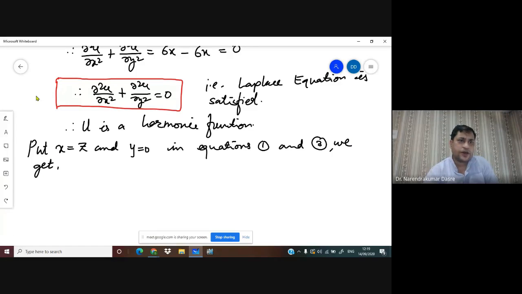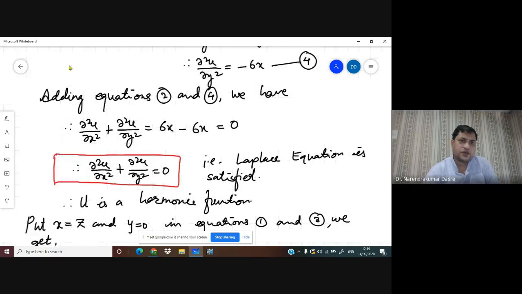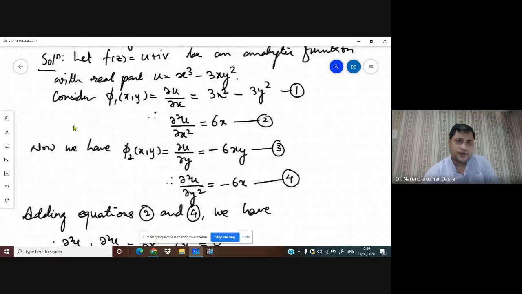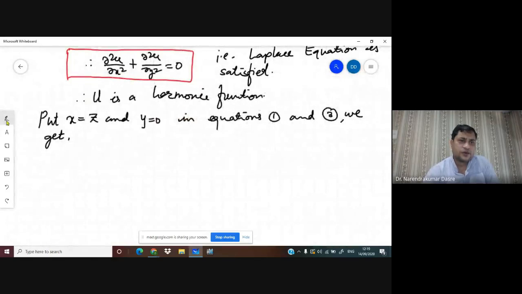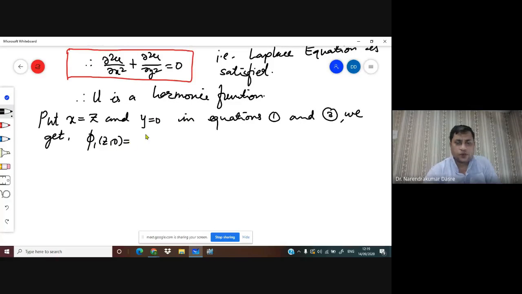In equation 1 we put x equal to z, so this will be 3z square, and this will be 0 because we are putting y equal to 0. So we got phi 1 of z, 0 is equal to 3z square, and phi 2 of z, 0 is equal to 0.